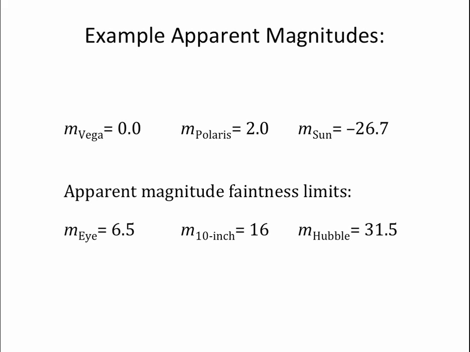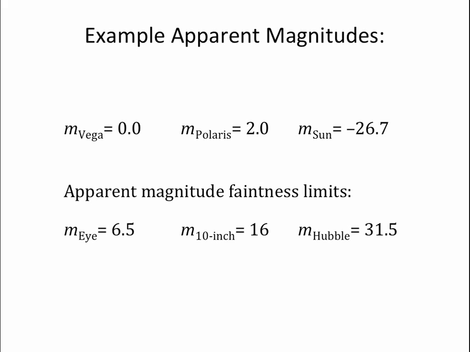A star of magnitude -10 would be 100 times brighter yet, or 10,000 times brighter than Vega. -15, 100 times brighter yet, which would be 1,000,000 times brighter than Vega. -20, 100 times brighter yet, so now we're up to 100 million times brighter than Vega. -25 would be another factor of 100, and I think we're now up to 10 billion times brighter than Vega, and then a little bit more than that, another factor of about 3.5. So the Sun appears about 30 billion times brighter than Vega in the sky.